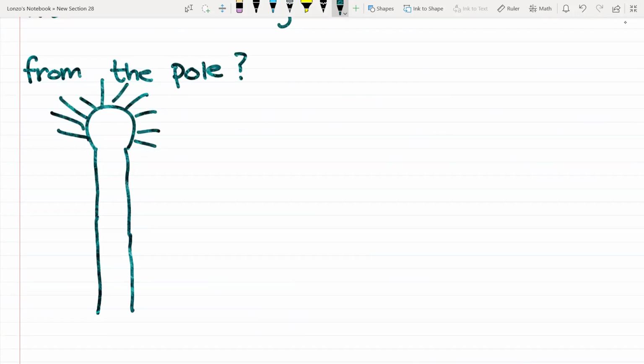They say that the pole is 15 feet tall, so this length here, just the pole, is 15 feet. And you are 6 feet tall, so your length here is 6 feet tall.